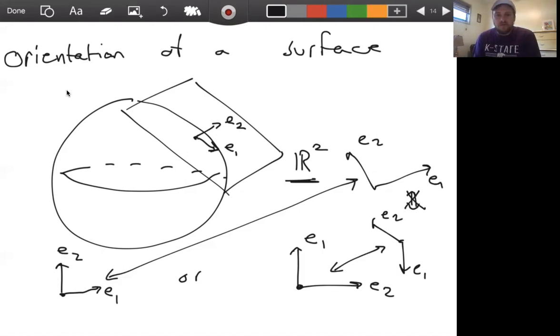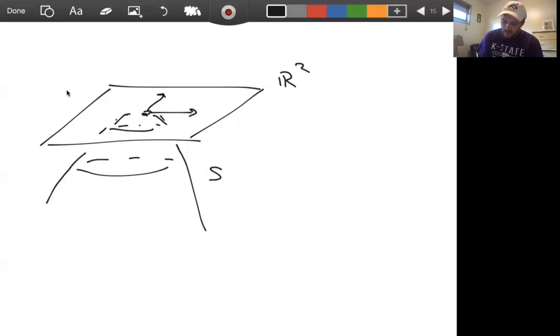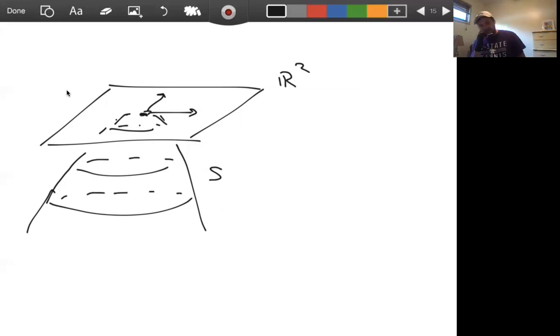And we can boil this down to a choice of one vector if we think about taking the cross product. So say on a surface, there's a surface doing something like this, and then it has tangent space R2. Here's our surface S, maybe doing something like this. And then we're looking at the tangent space at a point somewhere at the top of this hill, maybe not exactly the top, but somewhere at the top, right?